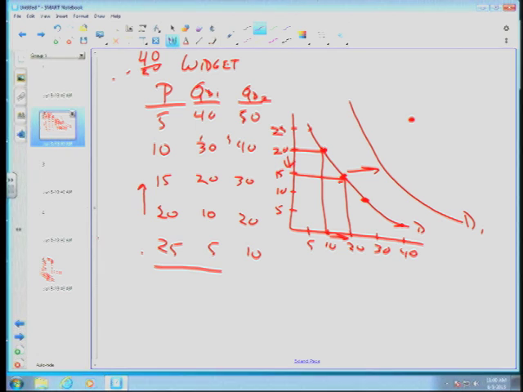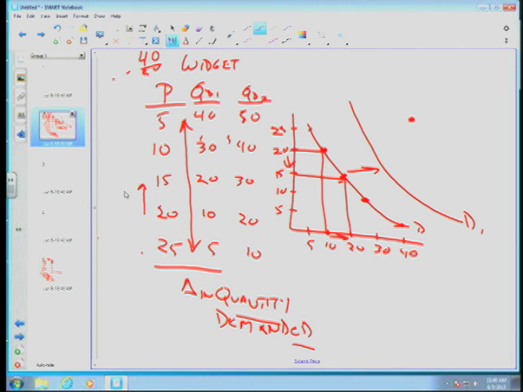So what I'm saying is, as we move up and down this column, that is a change in quantity demanded. A movement from one point on the curve to the other.